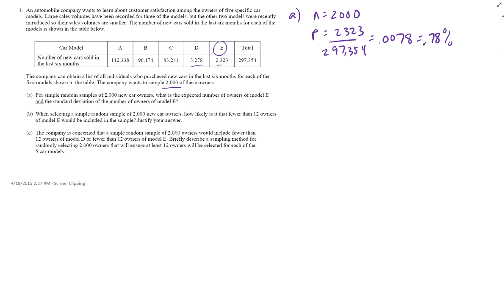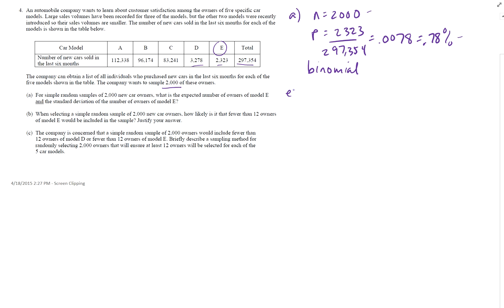That's a probability of success, or that someone would pick car model E based on this number of new car owner purchasers. So we can use that, and we can assume that it's binomial because it's such a large number. So we're going to go ahead and say this is a binomial distribution. We've got n and we've got p. As long as we say those things, I can go ahead and use the binomial distribution formulas.